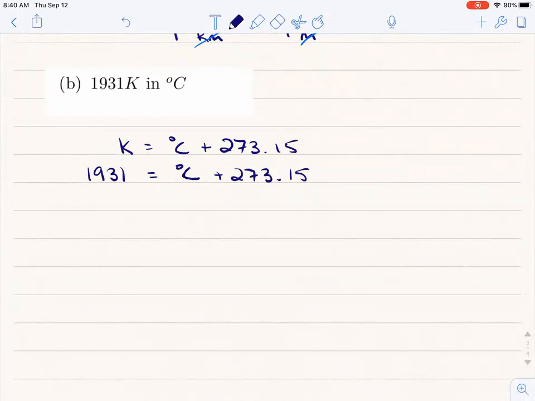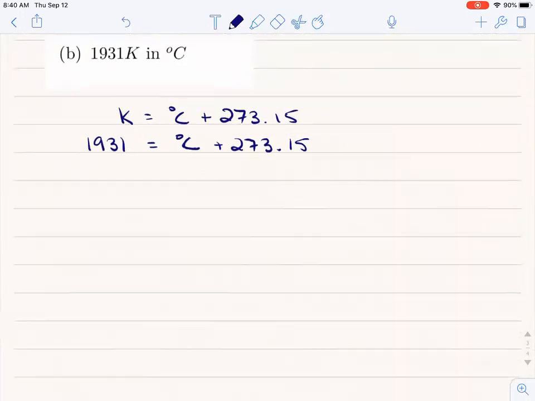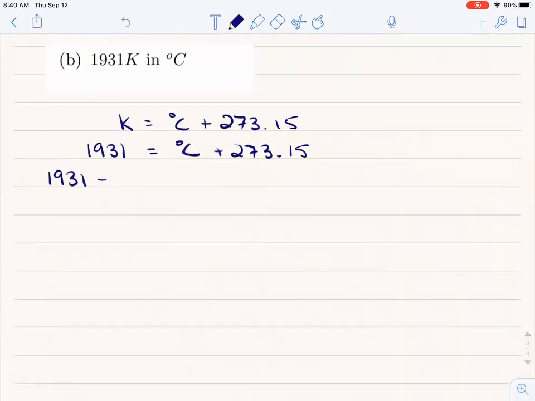And so to solve for the degrees Celsius, we just have to move the 273.15 over, so we subtract it from both sides. We get 1931 minus 273.15 is degrees Celsius. And remember, I like to have whatever I'm solving for on the left-hand side, so I'm just going to swing door this and rewrite it as degrees Celsius is 1,657.85.